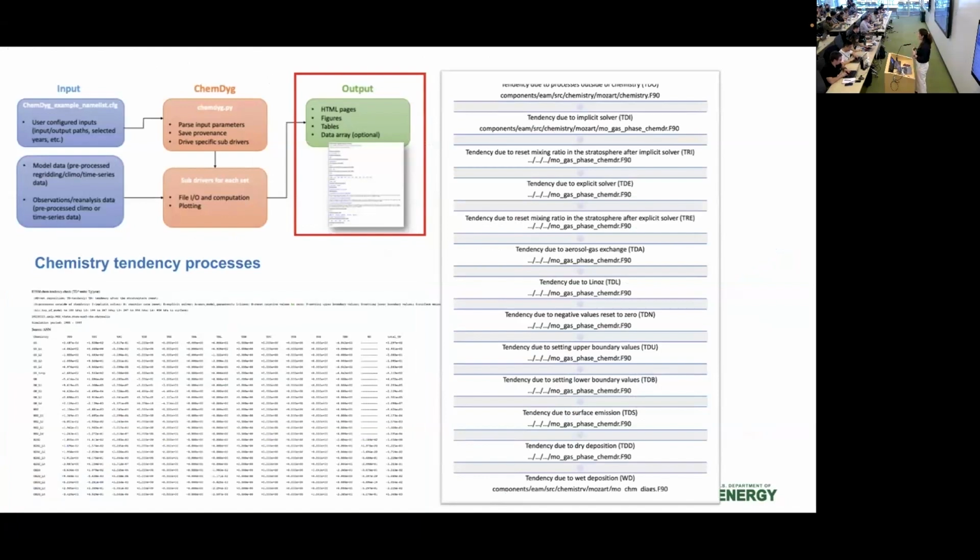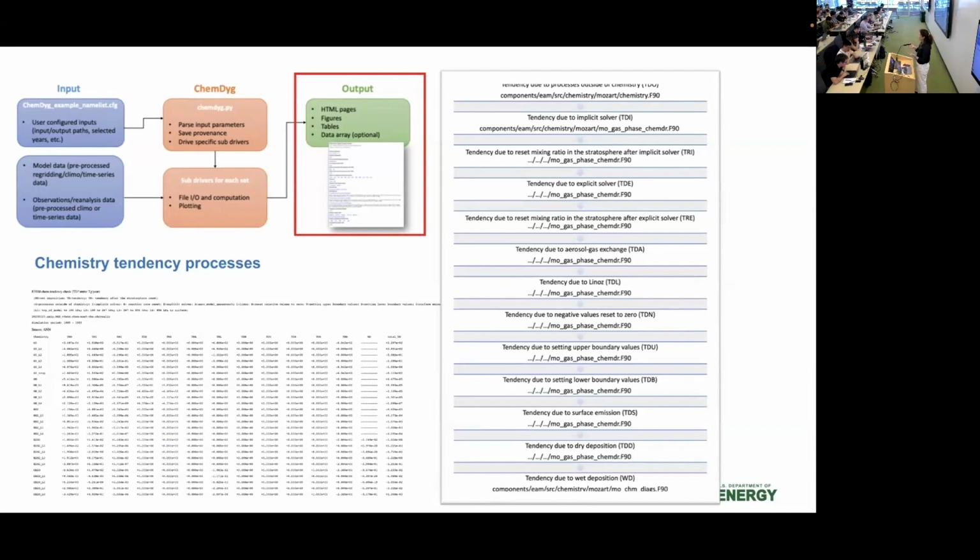Chemistry is actually quite a complicated process in the model, with explicit processes, implicit processes, emission, dry deposition, wet deposition, etc. Sometimes you get an ozone concentration that just doesn't make sense, and you ask, why did I get this wrong number for ozone concentration?